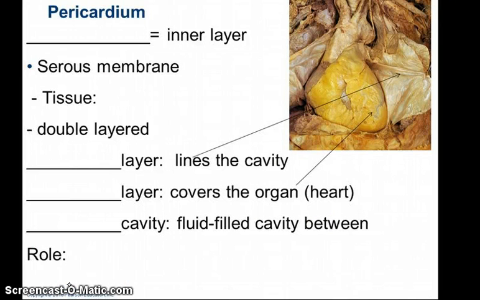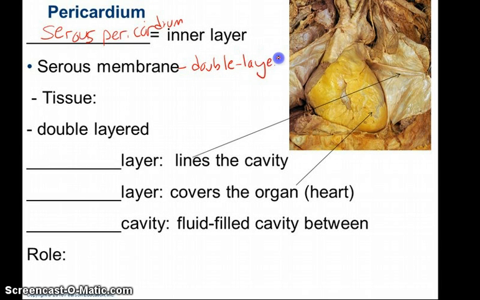The inner layer of the pericardium is called the serous pericardium. And this is made of serous tissue. So if you remember from A&P 1, serous membranes are double-layered membranes found in closed ventral body cavities.